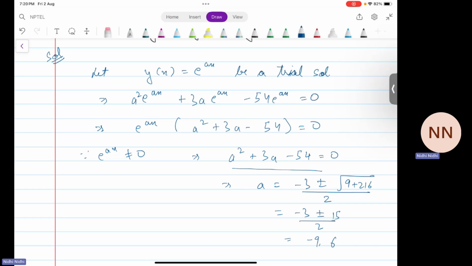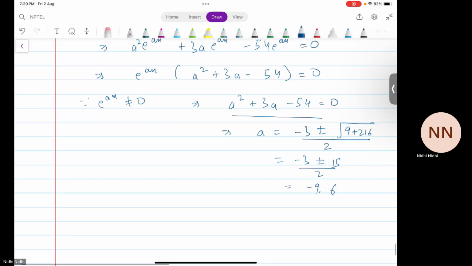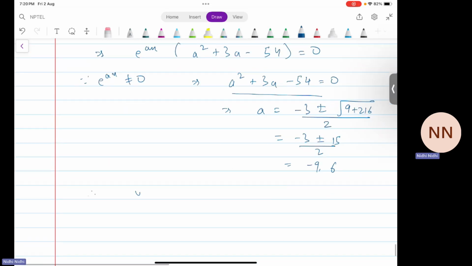So if we take a to be minus 9 or 6, then y(x) equal to e to the power ax will turn out to be the solution. Therefore, y1(x) is equal to e to the power minus 9x and y2(x) equal to e to the power 6x are solutions of problem 1.